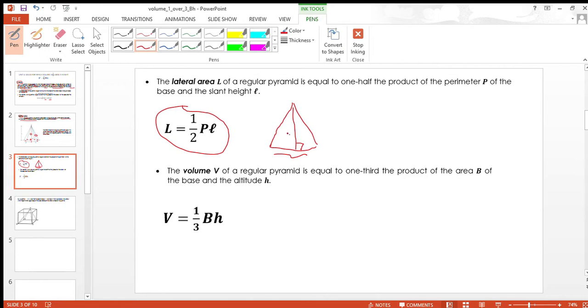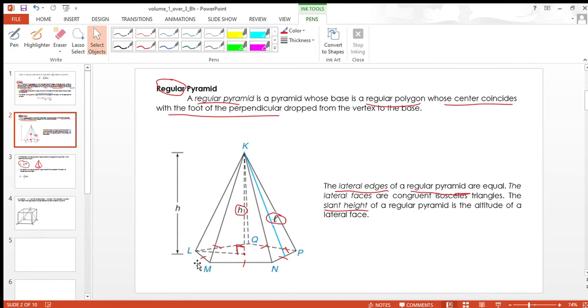That's the height of one face. So 1/2 the base times the height. And then since your base is a regular polygon, you form n isosceles triangles, right? Like in this case, how many sides do we have for the base?